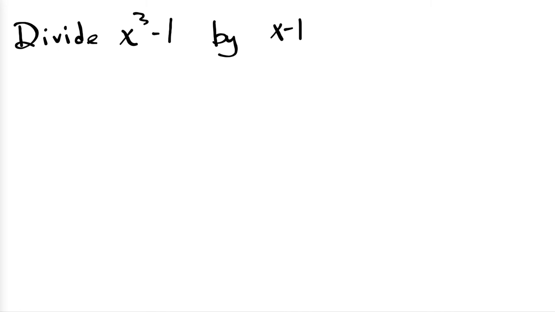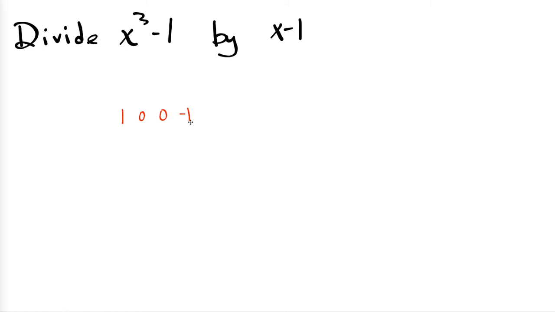Would you fill in the 0? Yes. I was just going to wait till everybody got it written down. So filling in the numbers for synthetic division, we have 1x cubed, 0x squared, 0x, minus 1.